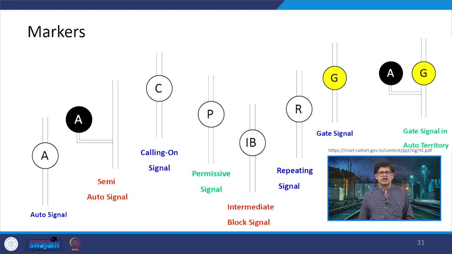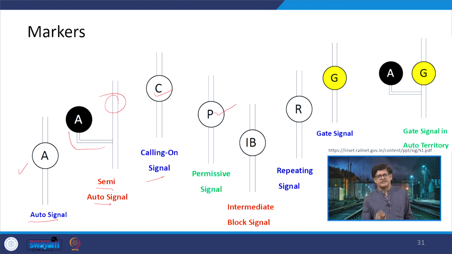Here are some of the markers which we have already discussed about and just a compilation of that. If it is A on a whiteboard, it is defining auto signal. Sometimes you will find there is a black with A written on it, it is a semi-automatic signal, but there can be some other thing being provided on this main post. Calling on signal defined by C, permissive defined by P, the distant signals.